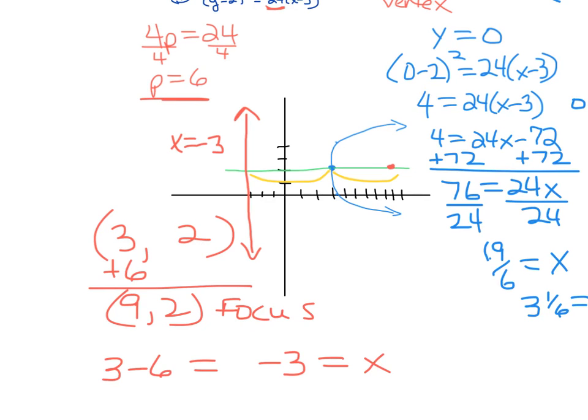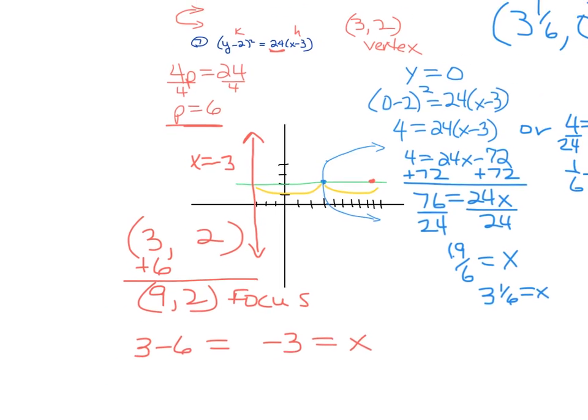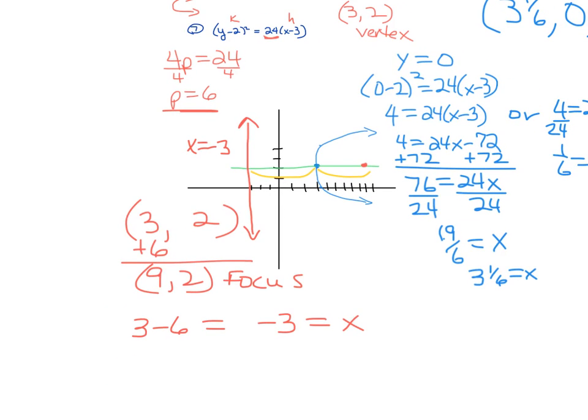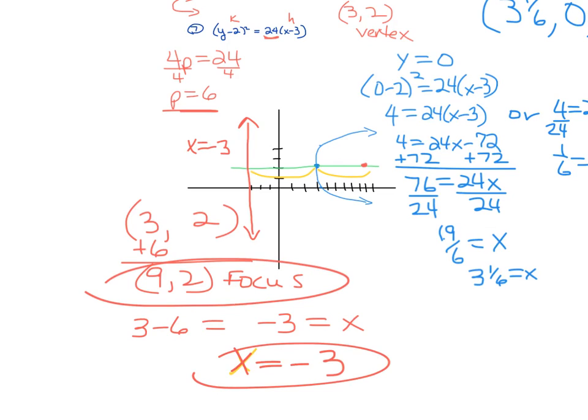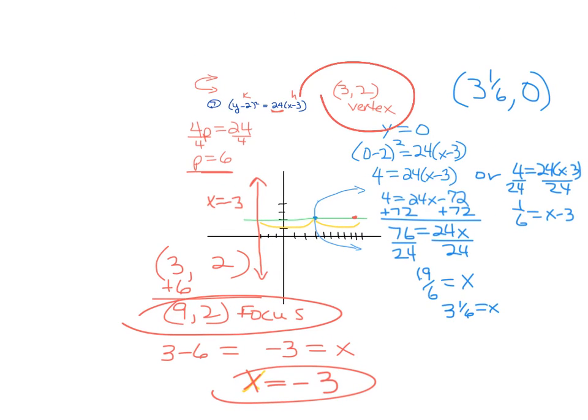It's the p-value. So you should be coming up with the equation for the directrix, the focus point, the vertex, and then one additional point on your parabola. To find the other point, just use the line of symmetry. But you need to calculate the p-value in order to find your focus point and your directrix.